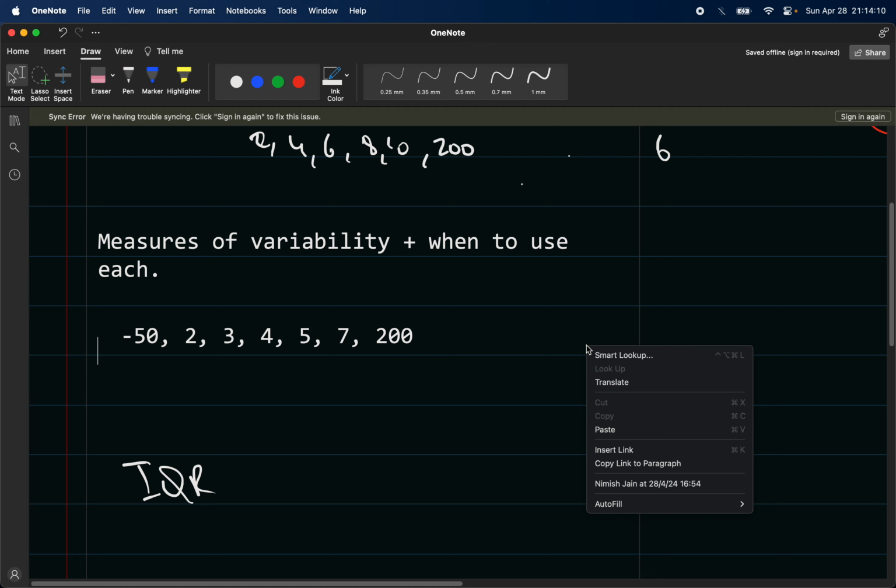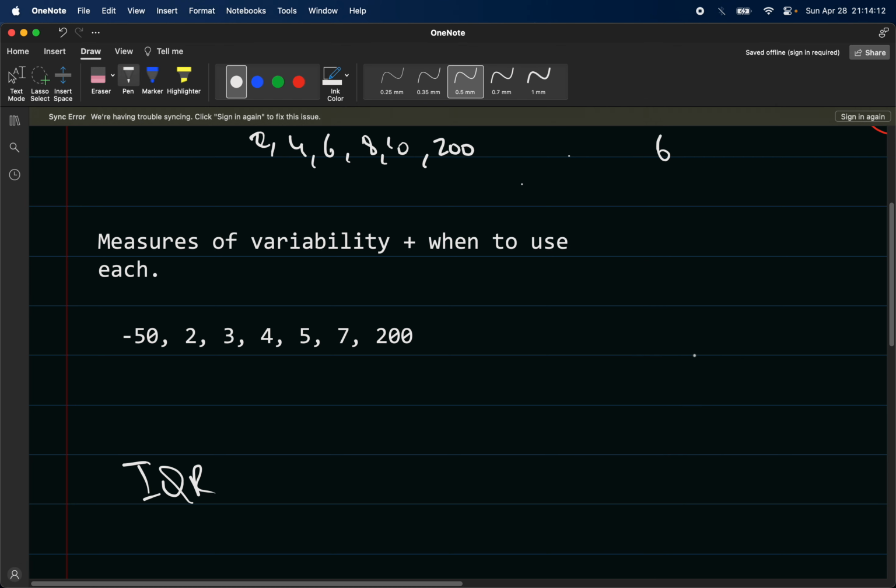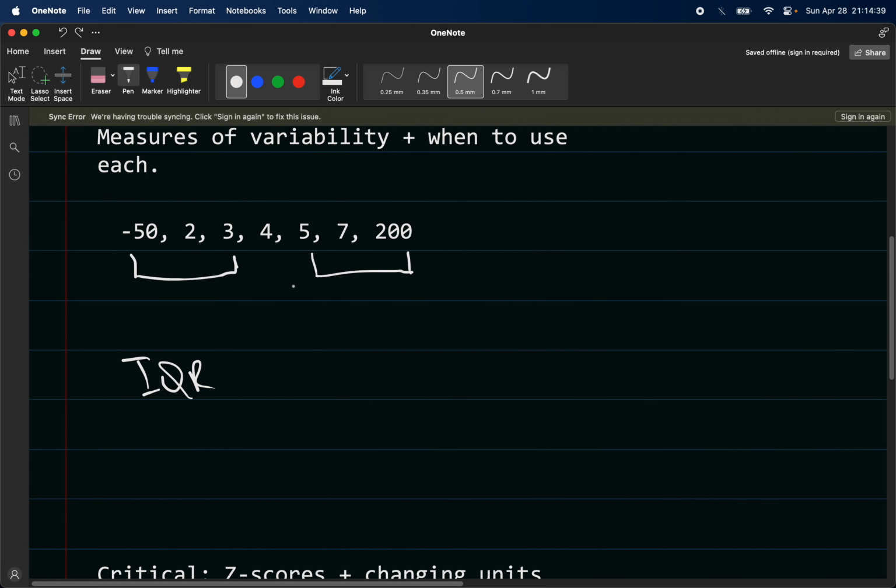If the range makes use of the mean, then the IQR makes use of the median to be resistant to outliers. So how does it do this? Okay, well, it divides the data into 4 parts. You have, first of all, an upper and lower half. So this is the upper half, that's the lower half. This is, of course, the median, right?